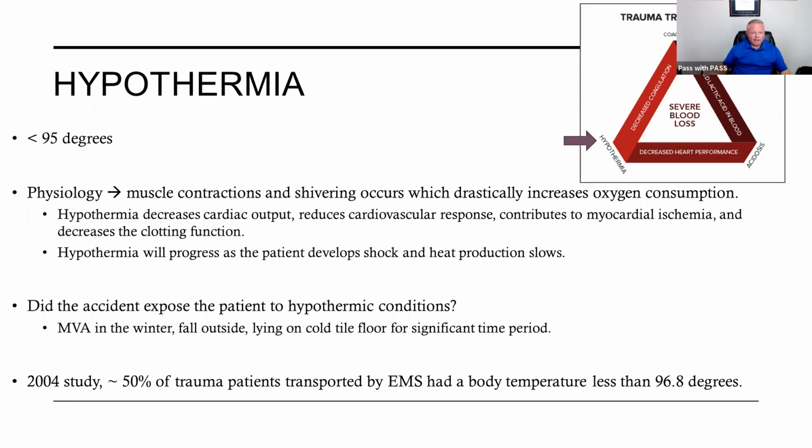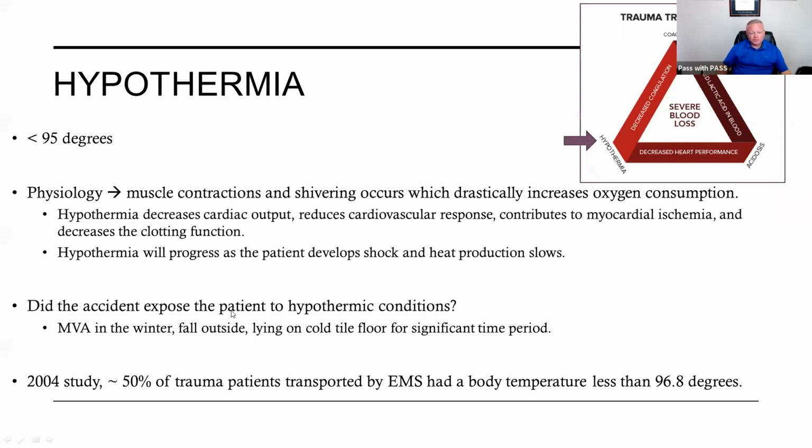But if we have patients that are hypothermic, their cardiac output is going to drop. And that is exactly what we don't want to happen. We want their cardiac output to be able to produce a mean arterial pressure of somewhere close to 90 or at least above 60. And we've talked about mean arterial pressures in the past.